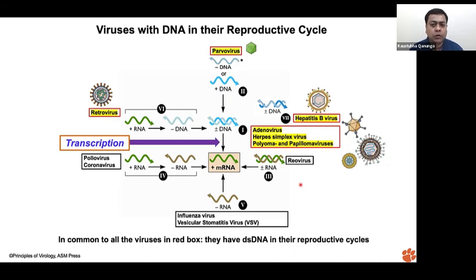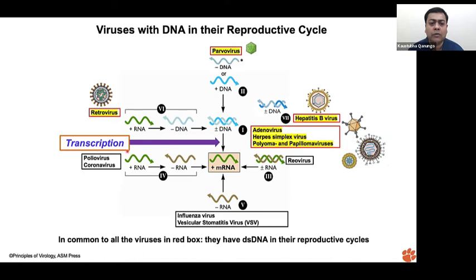Make sure that you very clearly understand these viruses right here, adenovirus, hepatitis, parvovirus, they all do have DNAs, either double-stranded, gapped, plus, minus, but the retrovirus actually does not have a DNA genome, but it does have the DNA in its life cycle, and all are going to do the transcription.